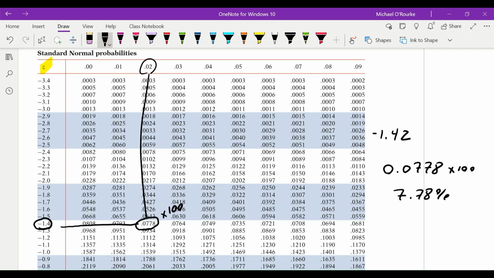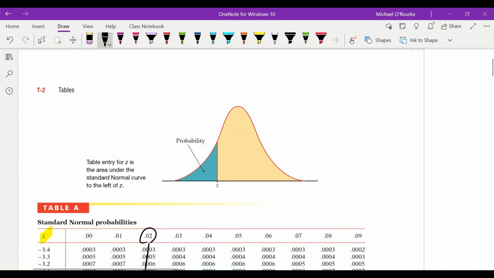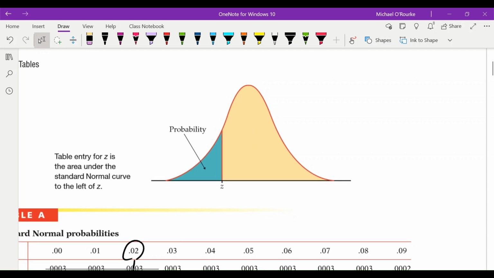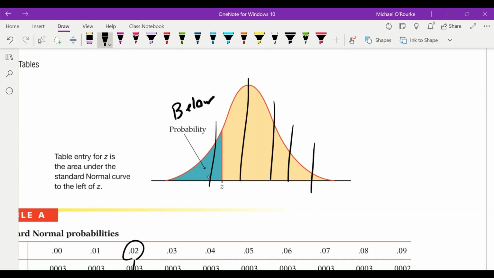Okay? And the important thing to know about a z-score is that it tells you the probability of what is below the number. So here is our normal curve, where we would have all these written. Whatever the z-score is, we're looking below, always.